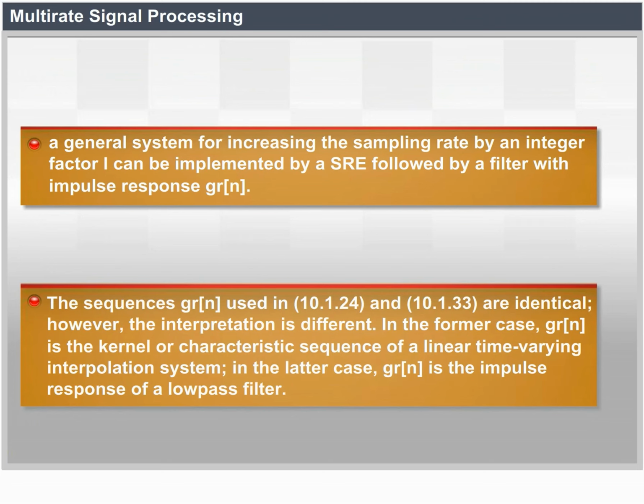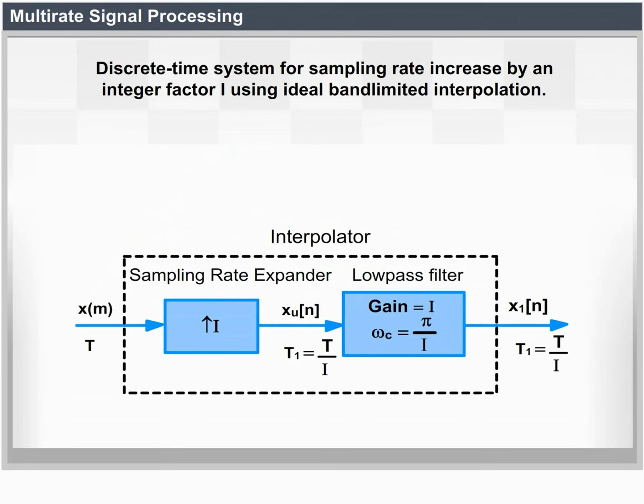In the former case, g_I[n] is the kernel or characteristic sequence of a linear time-varying interpolation system. In the latter case, g_I[n] is the impulse response of a low-pass filter. Figure: discrete-time system for sampling rate increase by an integer factor I using ideal band-limited interpolation.